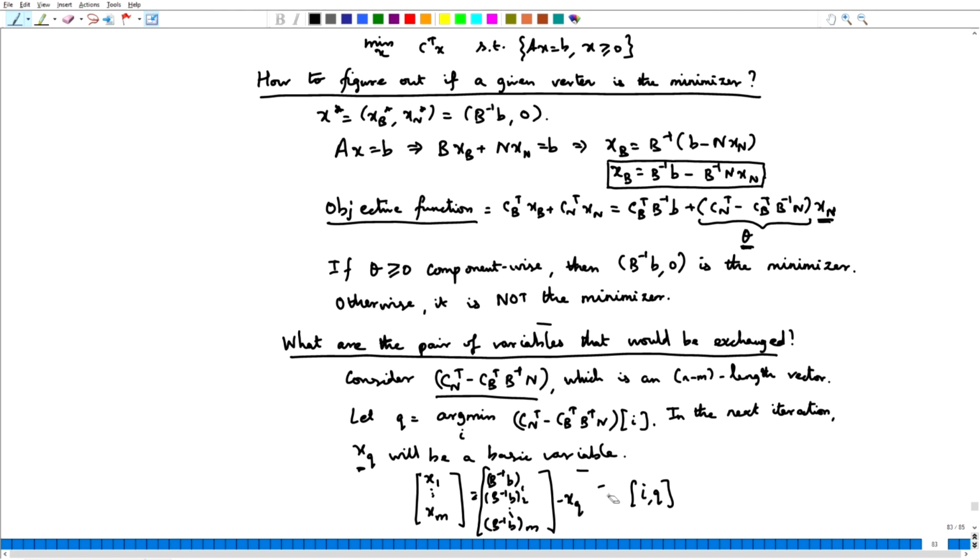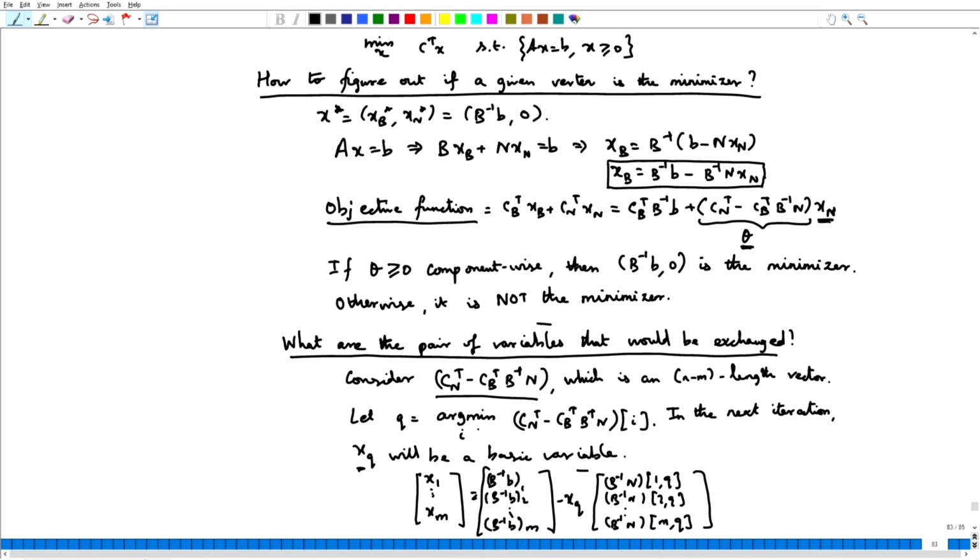I will rather write it like this, that would be better. It is (B inverse N)_{1,q}, (B inverse N)_{2,q}, up to (B inverse N)_{m,q}. You would have got more terms like this if you had the other x's also to be non-zero, but since only x_q is non-zero, you will have minus x_q into this matrix.